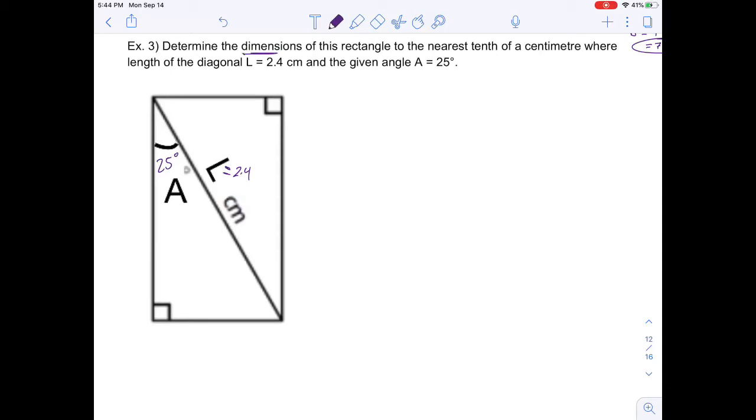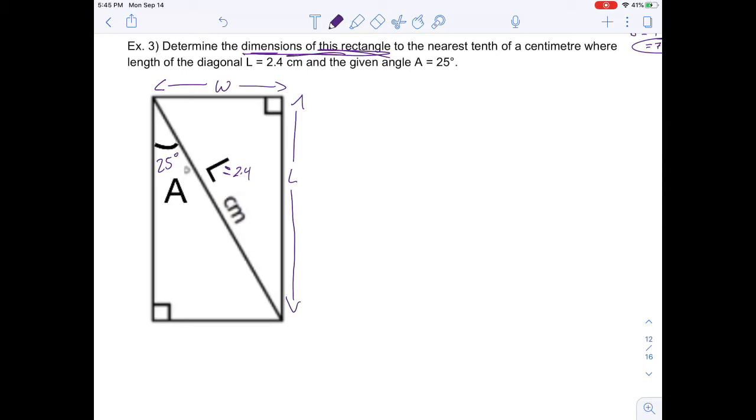Now it wants us to determine the dimensions of this rectangle. So if we want to label these things, it wants us to find this length here, which I'm going to make X, and this length here. Well, let's not use X, let's use a W for width.